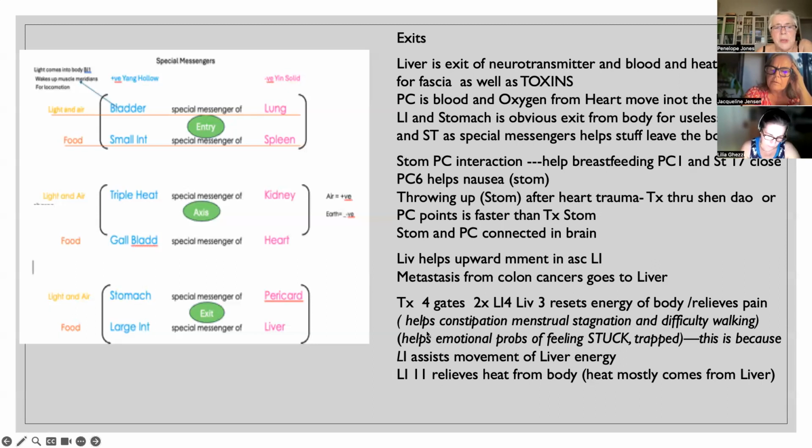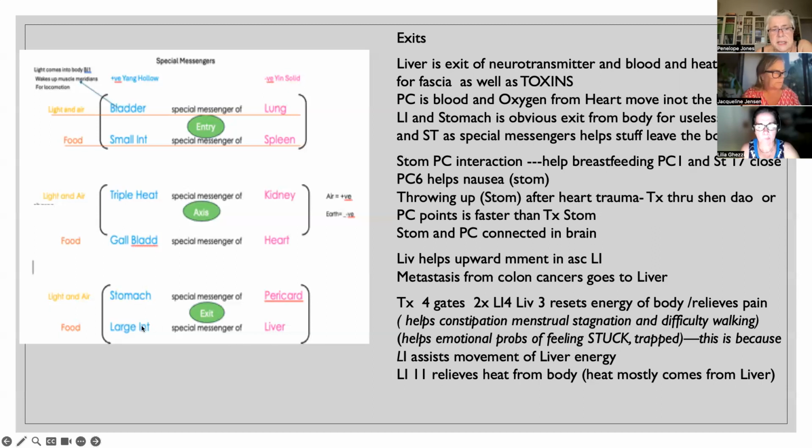So it helps with constipation, which is a large intestine problem, menstrual stagnation, which is a liver problem, and difficulty in walking, which is interesting. I don't know how that figures. And it helps with emotional problems of feeling stuck or trapped. If you feel stuck or trapped, it's because the large intestine assists in the movement of liver energy.